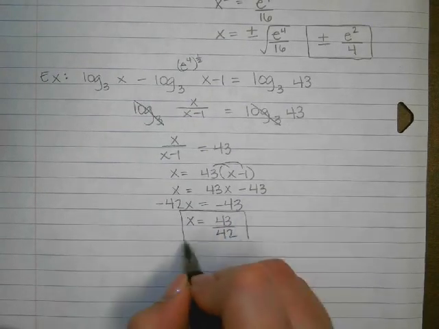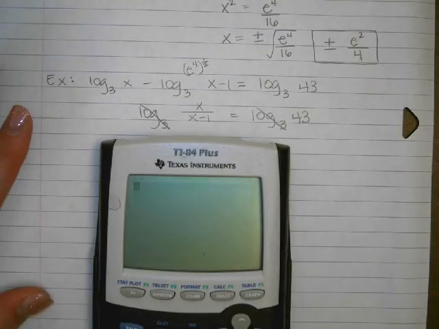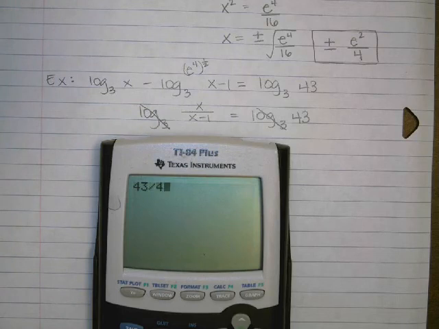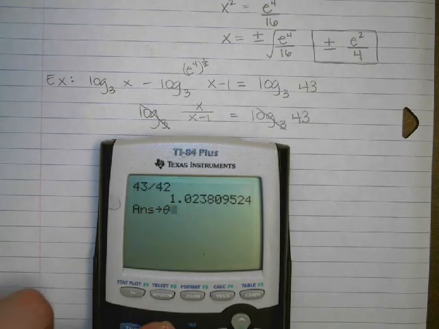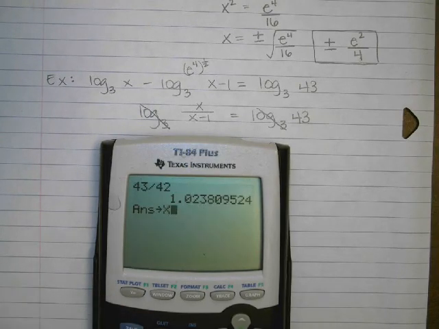And of course, anytime you feel like your answer might not make sense, or you're feeling uncomfortable because it seems like a funky answer to have, you can always go ahead and just type it in your calculator. Let me get into a different mode. There we go. I'm going to go ahead and store this as x.